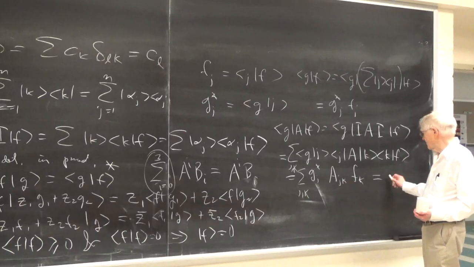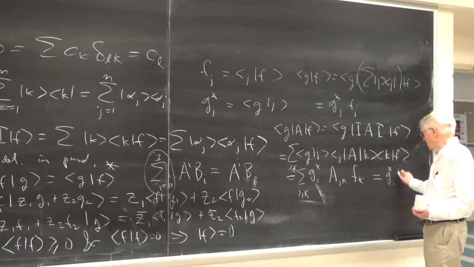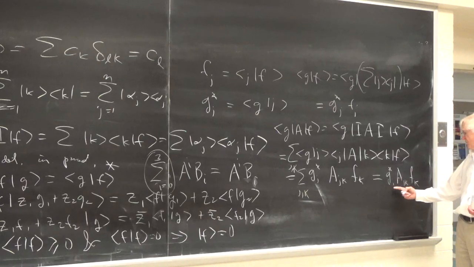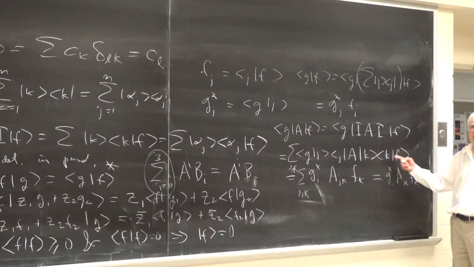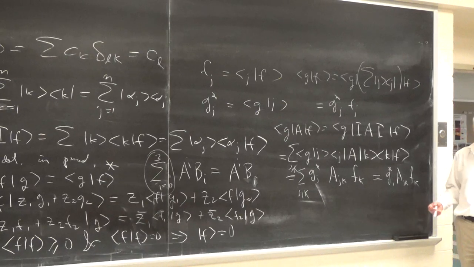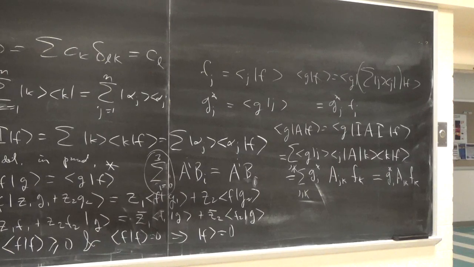So this is the same thing as G_j star, A_jk, F_k, and the idea is you sum over j because it's repeated, you sum over k because it's repeated, and you sum over however many indices there are of each index. That's normally obvious from context. Sometimes I will forget to write the summation symbol just because I'm used to that notation.